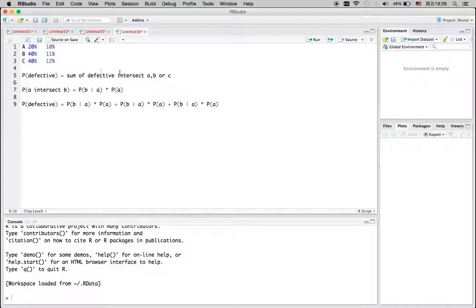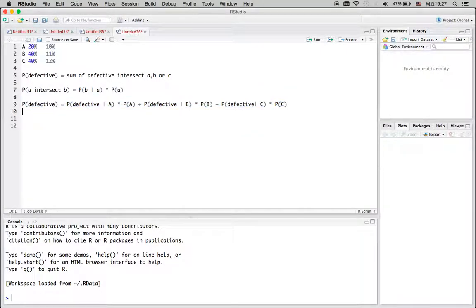So this will be defective given product A multiplied by the probability of product A, defective given B multiplied by the probability of product B, and defective given product C multiplied by the probability of product C. So we expand the sum of all the defective intersect A, B, C using the multiplication rule of probability into this formula.